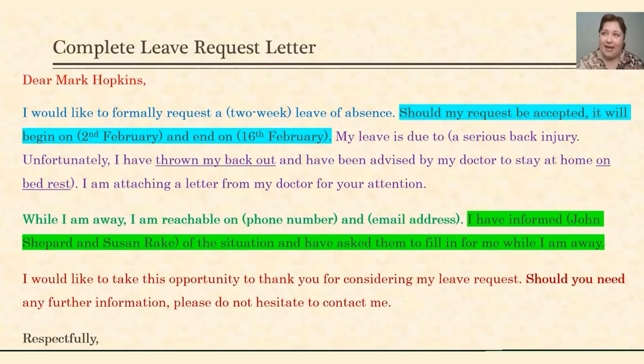We don't say a 2 weeks leave of absence. That's wrong. A 2-week, no S, 2-week leave of absence because it's an adjective. I would like to formally request a 2-week leave of absence.